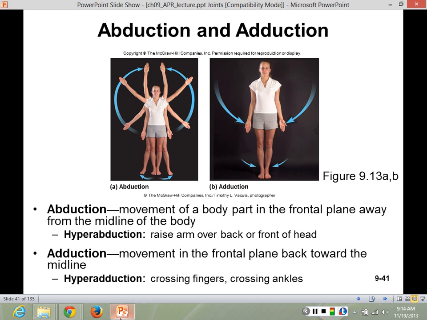Jasmine, do inversion and eversion of the foot. Inversion is like this, you turn your feet upward. Okay, what's eversion? Like that, right? Inversion is also called supination.